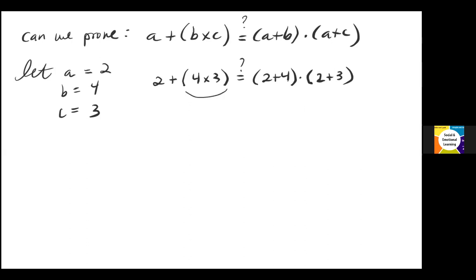So that would be 2 plus 12. And this would be 2 plus 4 is 6 times 2 plus 3 is 5. So 14. It doesn't look like it's equal to 30. So this is not true. So you've proven then that this is not true.